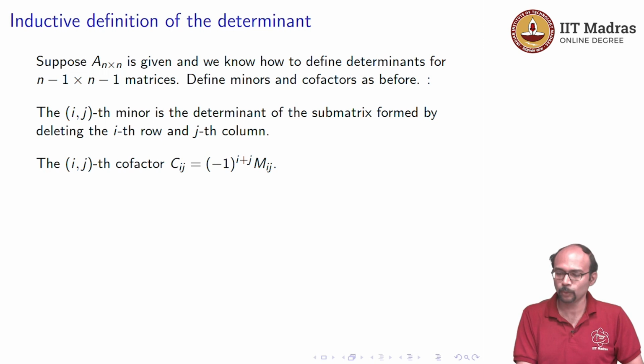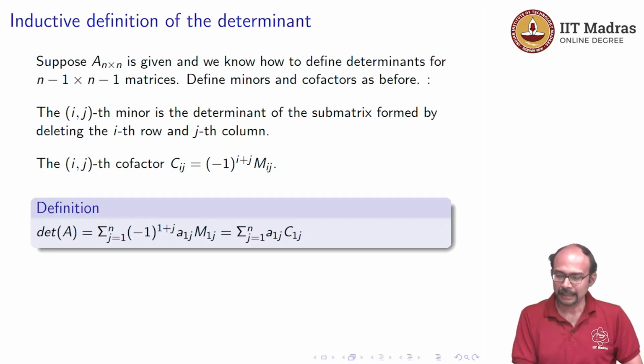Again we are going to do something similar to what we did earlier. If you do not want to bother about signs going ahead, you define the ijth cofactor as minus 1 to the power i plus j times the ijth minor, and then we define the determinant of A, again by expansion along the first row, as the sum of minus 1 to the power 1 plus j a1j times m1j.